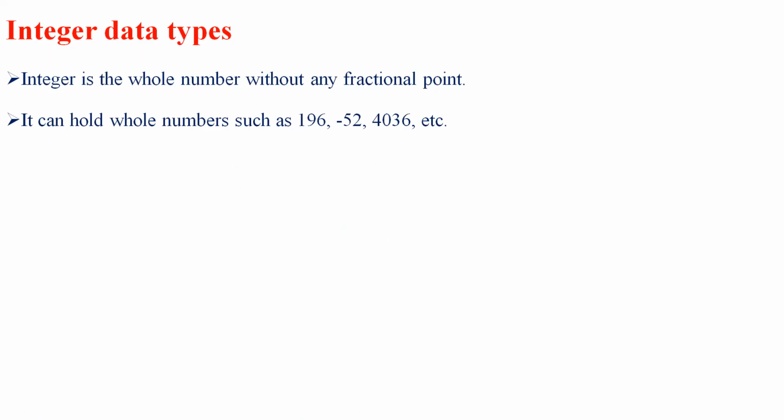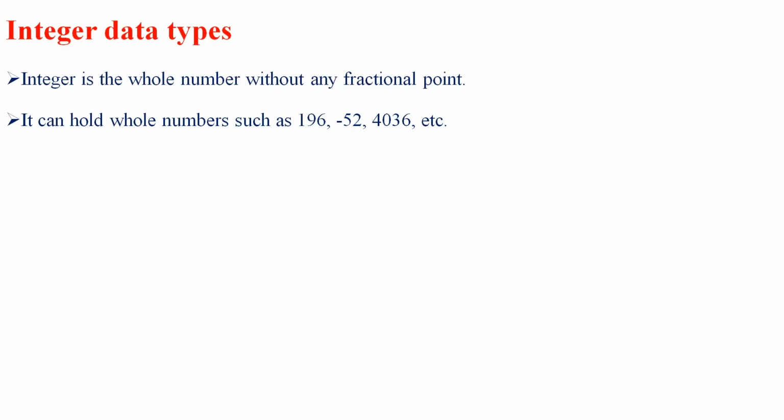For example, 196 is a positive number, minus 52 is a negative integer, and 4036. These kinds of values are stored in an integer type. It stores whole numbers, positive or negative integers, without any decimal points.